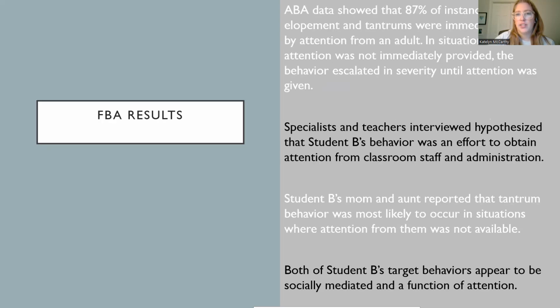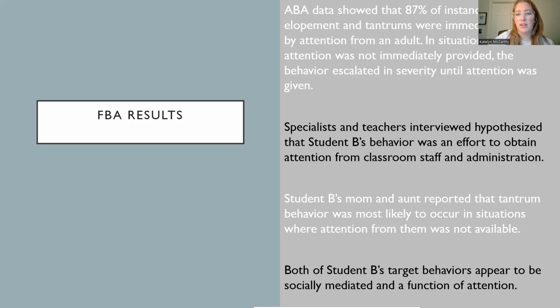The data showed that 87% of instances of elopement and tantrums were immediately followed by attention from an adult. In situations where attention was not immediately provided, the behavior escalated in severity until attention was given. Specialists and teachers that were interviewed hypothesized that student B's behavior was an effort to obtain attention from classroom staff and administration.